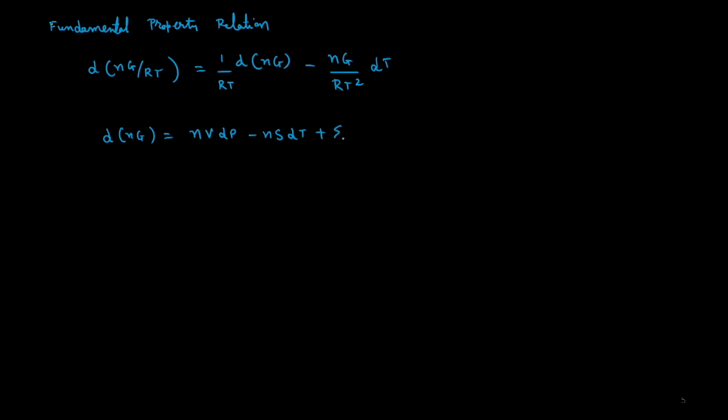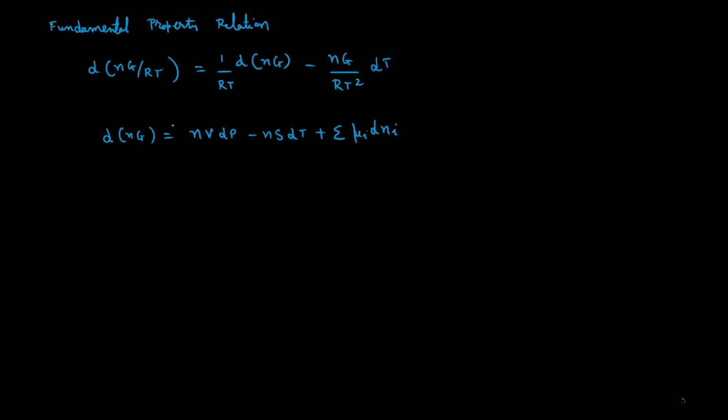The fundamental property relation in terms of Gibbs free energy, if I want to write d(nG/RT), then it will be d of nG, 1 over RT, minus nG by RT square dT. And for an open system, if you recall, d(nG) is nV dP minus nS dT plus sigma mu i dNi.